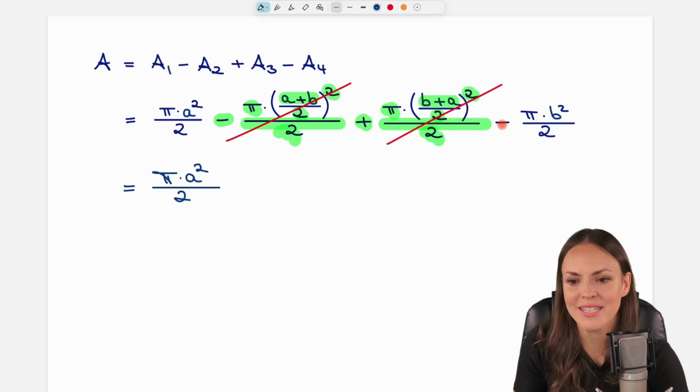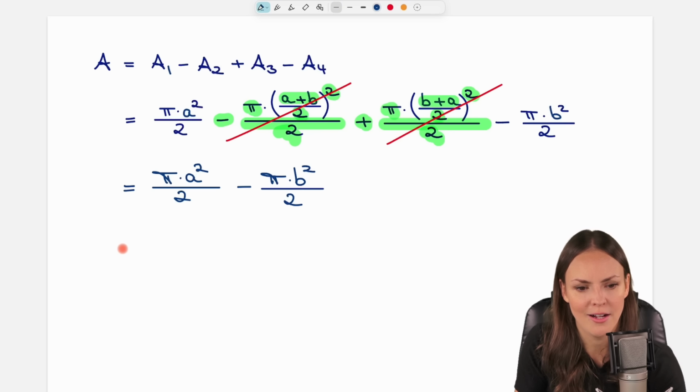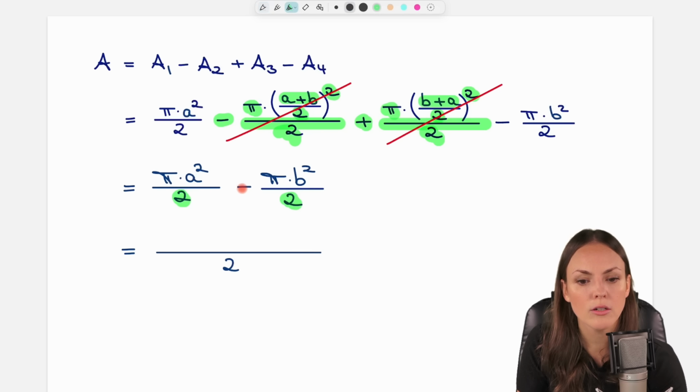And then we still have this other part here at the end, which looks like this. Okay, now we want to subtract two fractions. We already have the same denominator, which is great, so we can just take this denominator and subtract the numerators. So we have pi times a squared minus, and here we have pi times b squared.